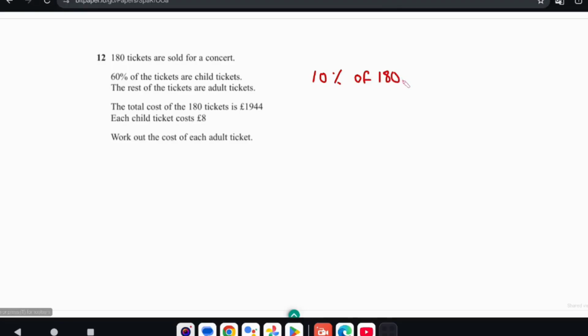Let's divide 180 by 10. 18. 10% is 18. To get 60%, we're going to multiply this by 6. We can use our calculators. So 108. So 108 child tickets.